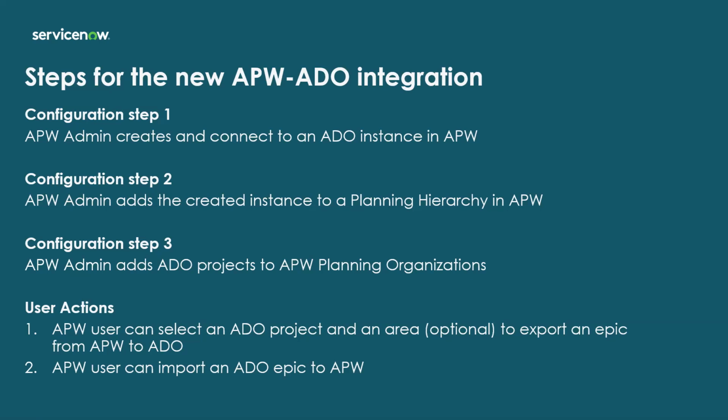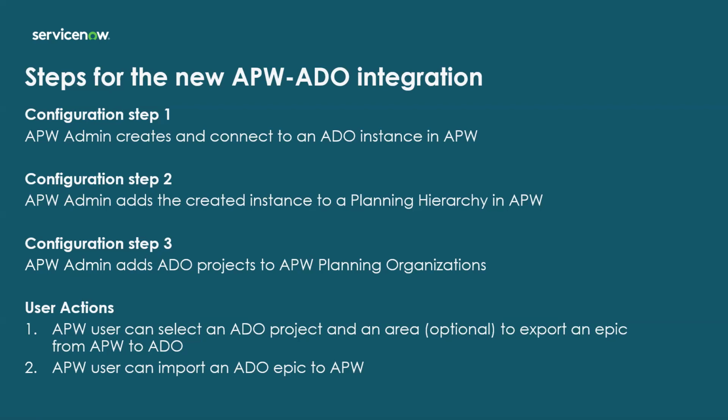And step 3 is basically about adding Azure DevOps projects to Alignment Planner Workspace planning organizations. This step gives you some kind of access control through which you can expose only certain projects to planning organizations in APW, so that users using those planning organizations can export and import only from the ADO projects that are available to those planning organizations.